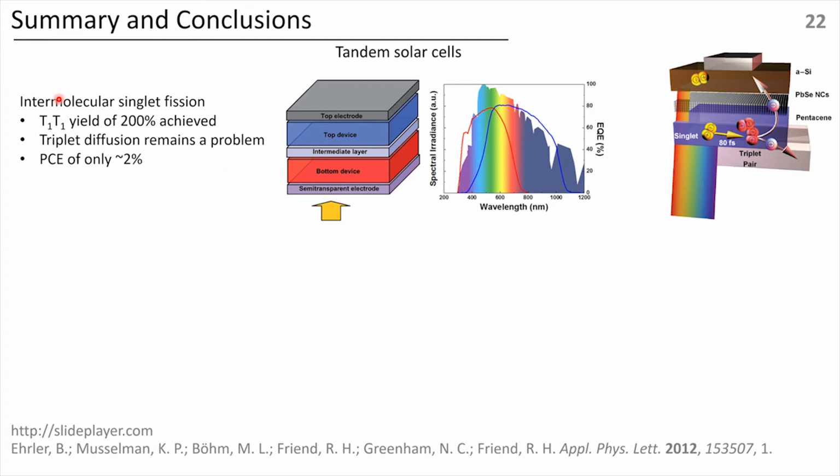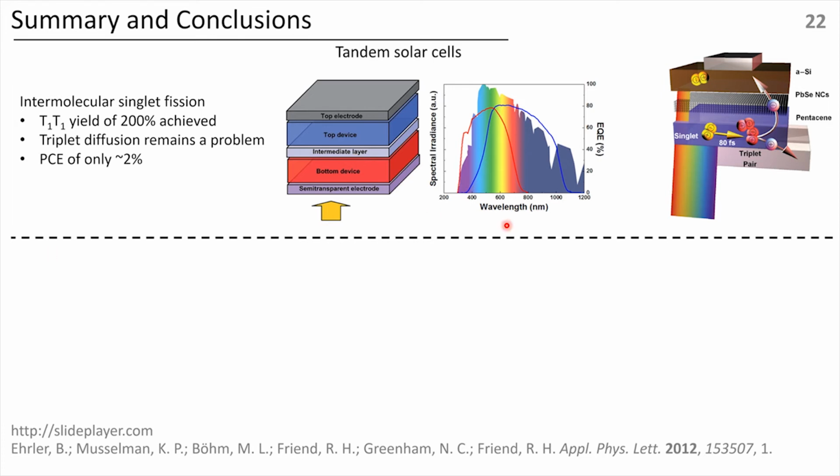I highlight the things that we've learned from my talk and potential improvements and the future work that needs to be done in the field in order to target some of the issues, such as the low power conversion efficiency, triplet diffusion, and things like that.